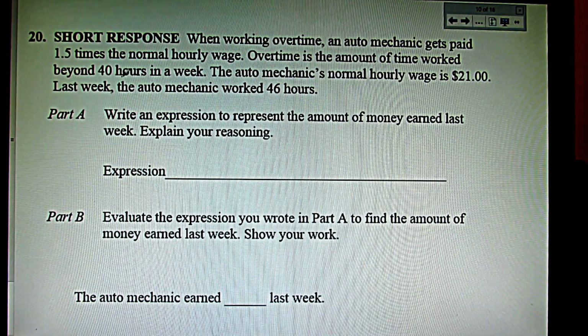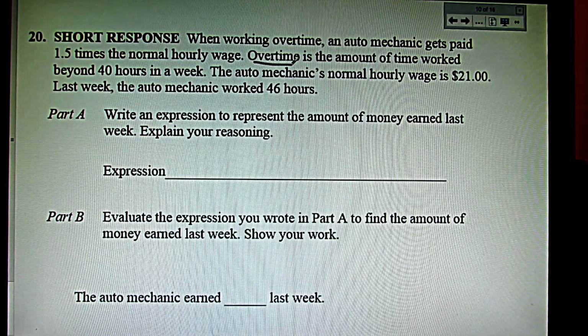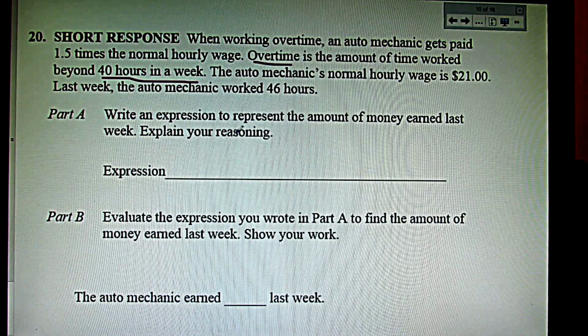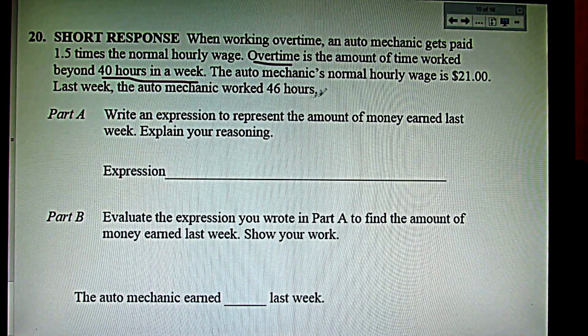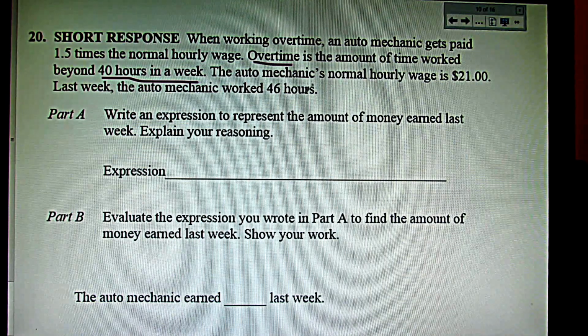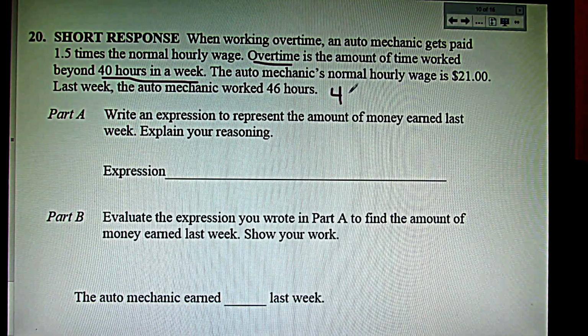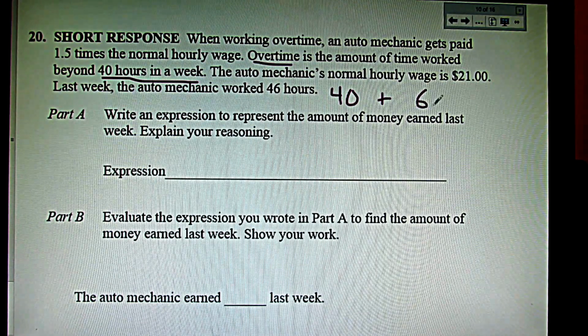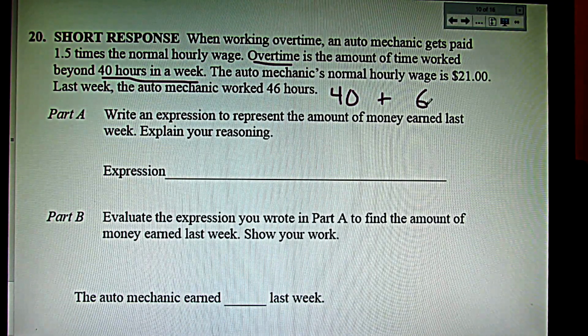So we're talking about overtime. Overtime is when I work beyond 40 hours a week. Okay, so last week I did do that. How many hours did I work beyond my 40 hours? Well, here's the 40 hours, and I worked an additional 6 hours. That's going to be considered the overtime.